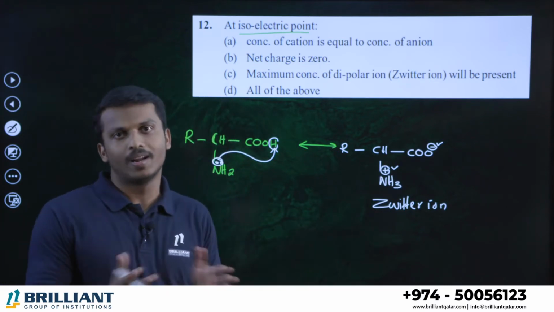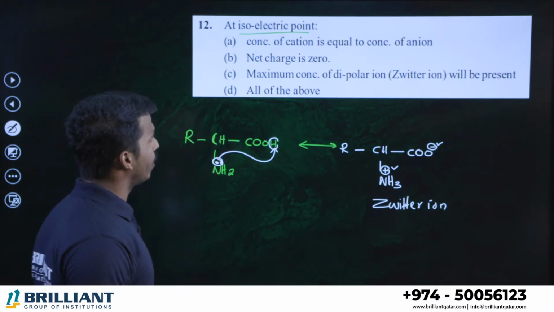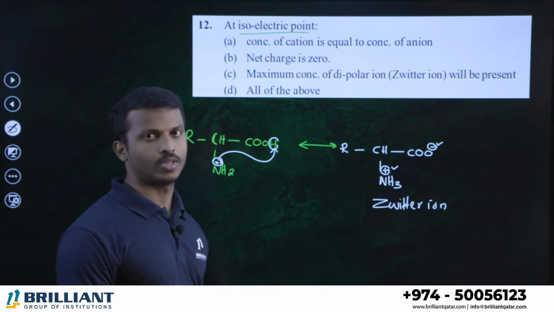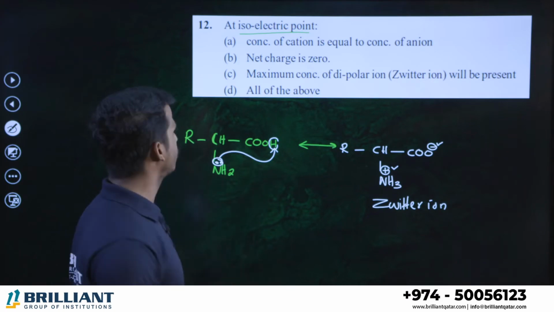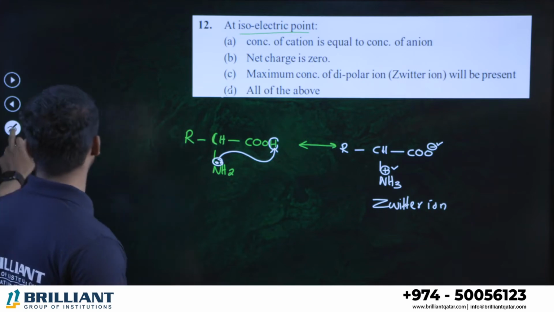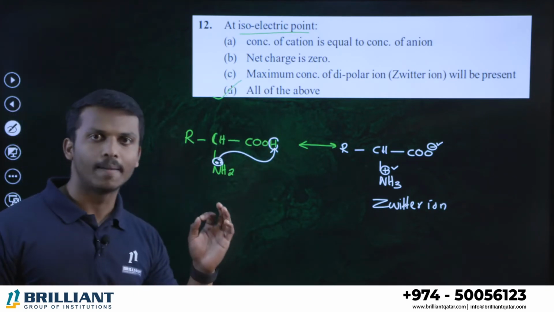When they are equal in number, they will be cancelled. Neutral, right? Maximum concentration of dipolar ion, that is called Zwitter ion, will be present. Zwitter ion means a species containing positive and negative charge. So shall we go with option D? Yes, option D. All of these are possible for an isoelectric point.